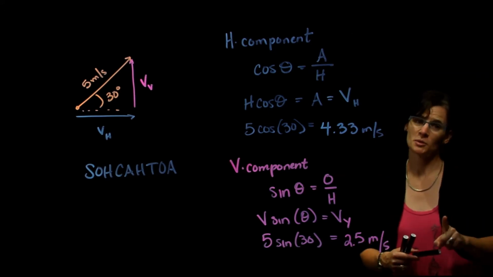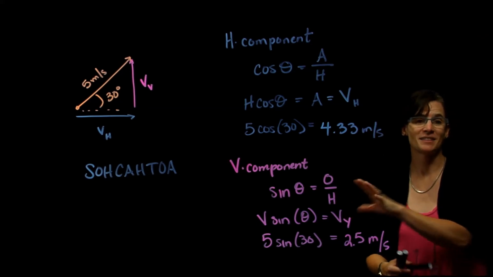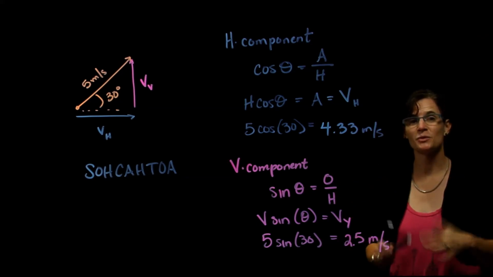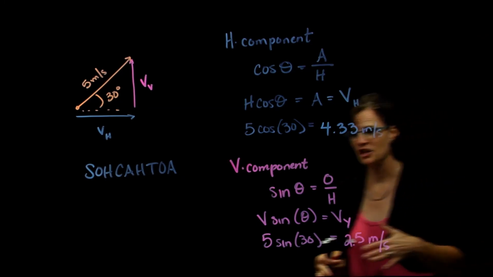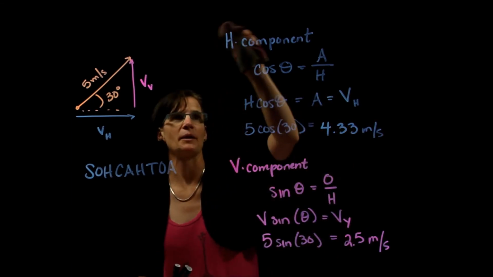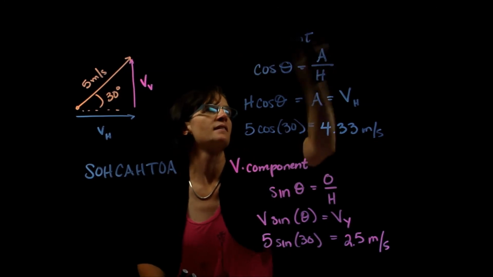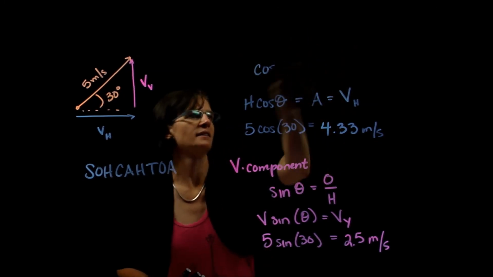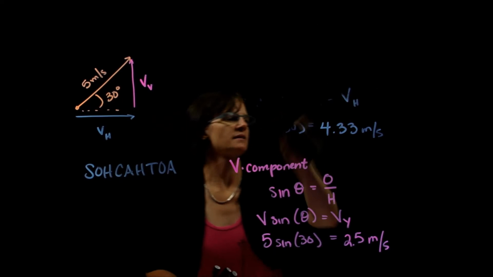We want to make sure we're careful and that we're looking at the picture. So I'm going to erase this and do another example where the picture changes a little bit and it forces us to be careful about it. Okay, so this is erased.